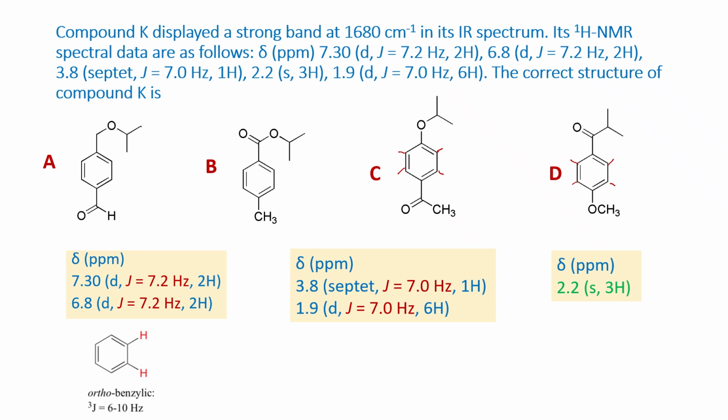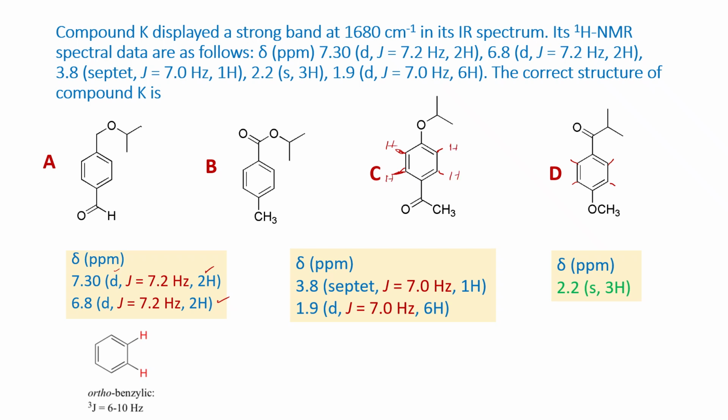Otherwise also, when you look at A and B, you will see that they also have ortho protons. So obviously the two ortho protons have a neighboring proton, and this neighboring proton couples with it, and that is the reason why it is a doublet. So there is a signal due to ortho protons, two sets that we have here.